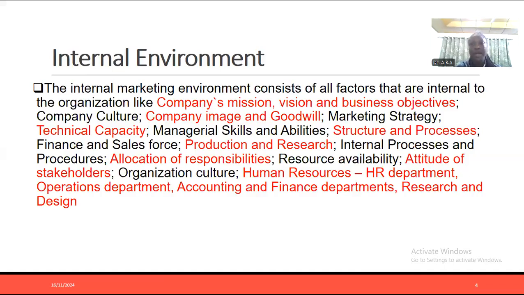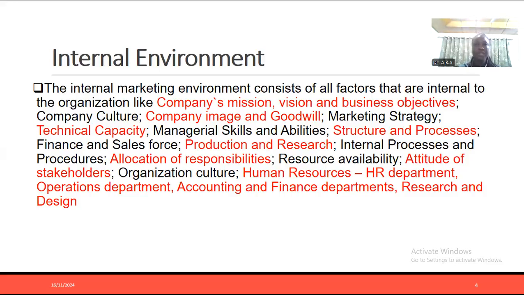We have the internal processes and procedures, how responsibilities are allocated, resource availability, the attitude of stakeholders, the organization's culture, HR, and finance and accounting. All of those are within the internal environment.